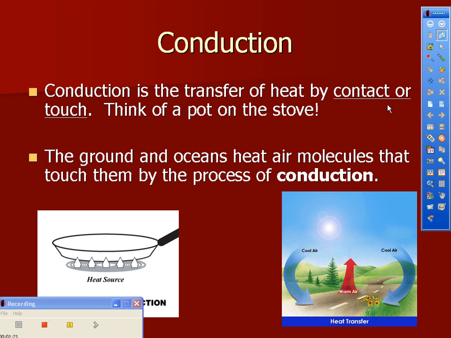So how does it factor into weather and climate like we've been talking? Well, it turns out that the ground and the oceans heat air molecules by the process of conduction.